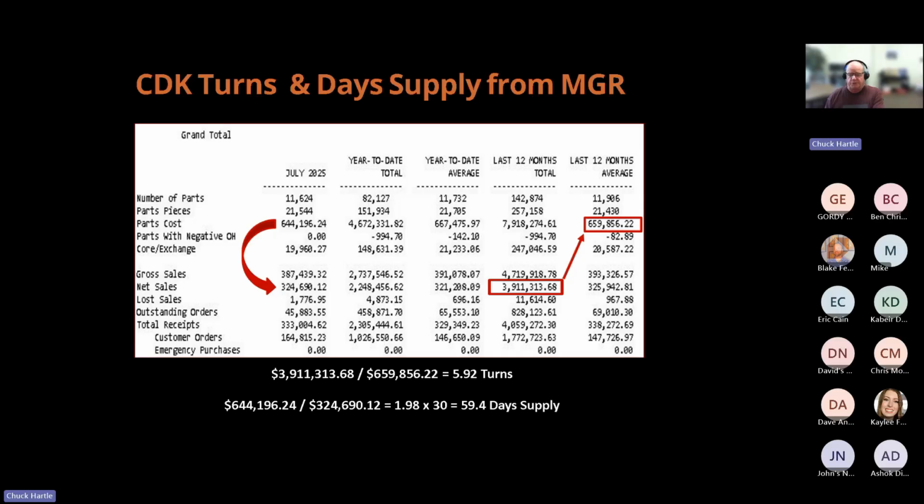So it's not like you've got to pull 3 or 4 separate reports on CDK to come out with this number. Right in your annual activity and benchmark report, going to the grand total, you can calculate both those figures and come out very accurately. And when you go to the bottom of the report and look at those true turns, do not pay attention to that because it means absolutely nothing. Depending on how things got clocked through the system, it can make a big difference.